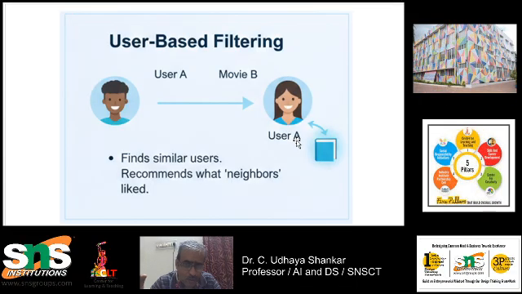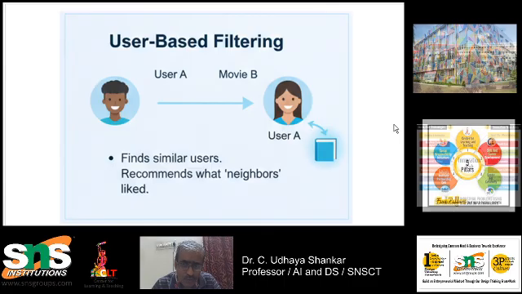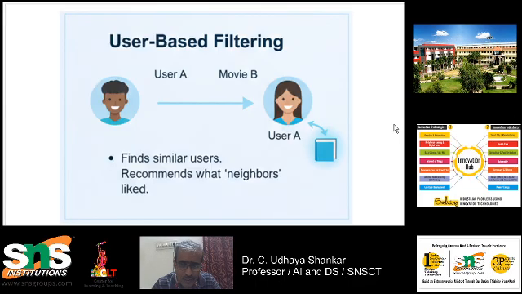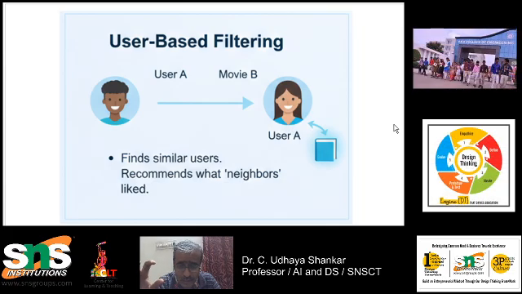Here is a pictorial representation of user based filtering. It depends upon the user. If user B likes movie B, then user A will always find a similar user. This type of recommender system always recommends what the neighbors liked previously.